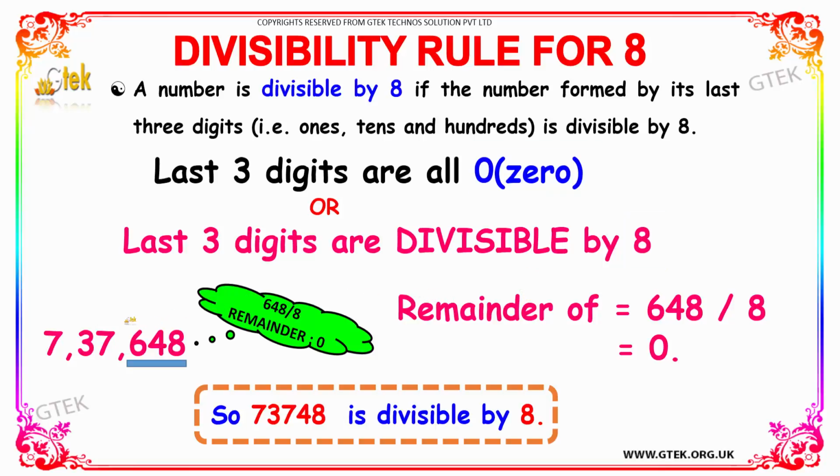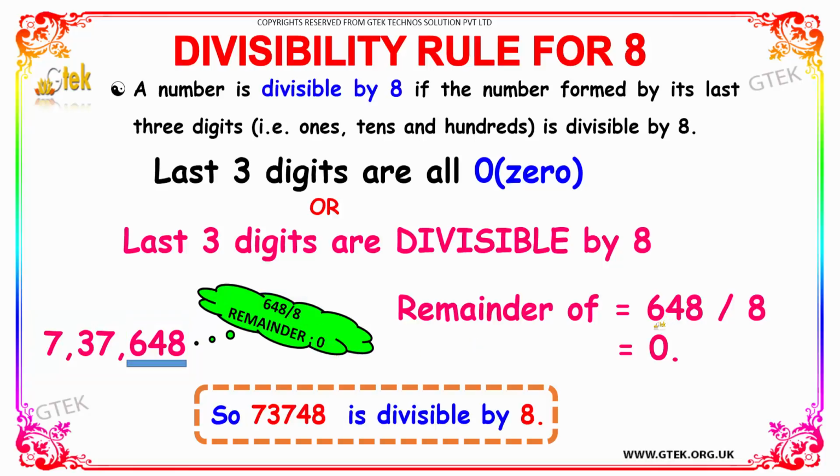If you see, we have an example over here. 7,37,648 is the number. Here, your 648, which is the last 3 digits, is divisible by 8 perfectly, which gives the remainder to be 0.